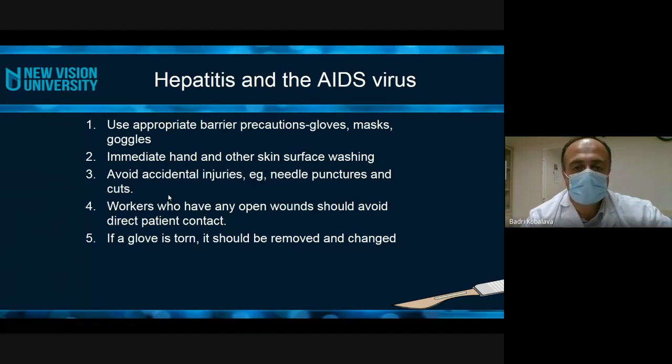So we prevented surgical site infection, just ordinary purulent infection, but there is also blood-borne infection. So infection which can be transferred with the blood of the patient. Mainly it is hepatitis virus B and C, and acquired immunodeficiency syndrome. So you must wear gloves, masks, goggles during surgery.